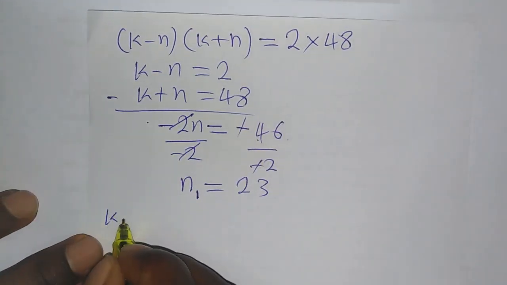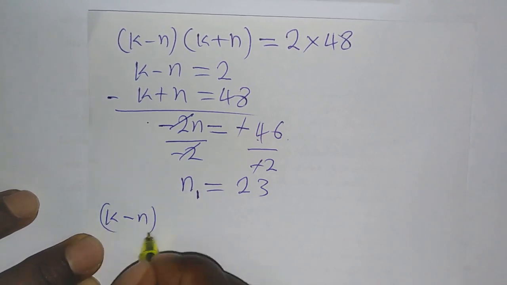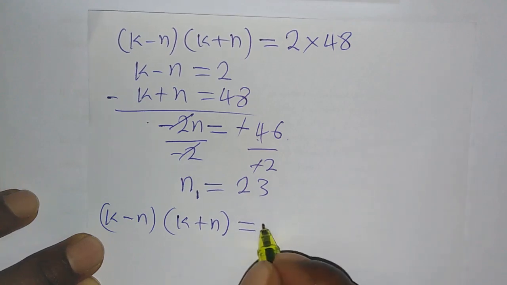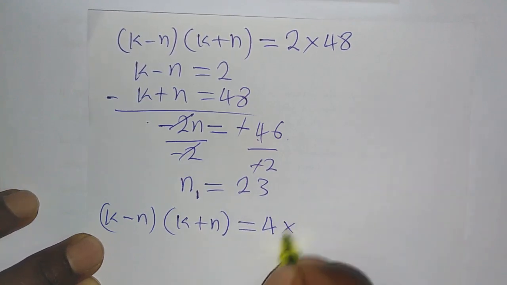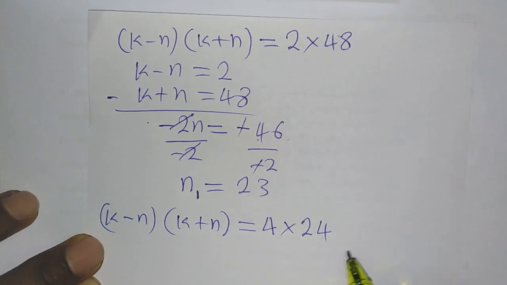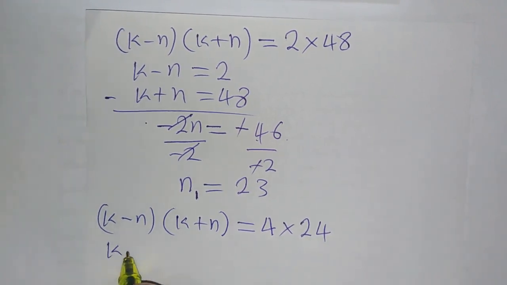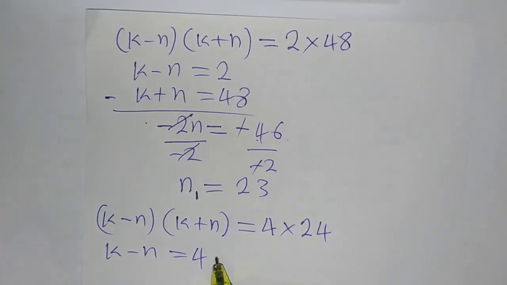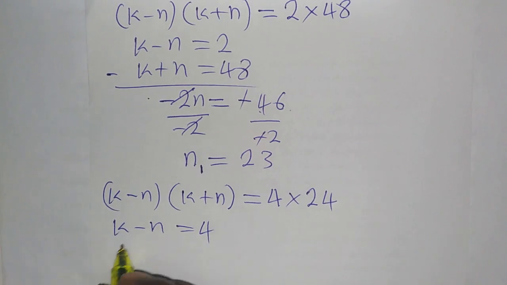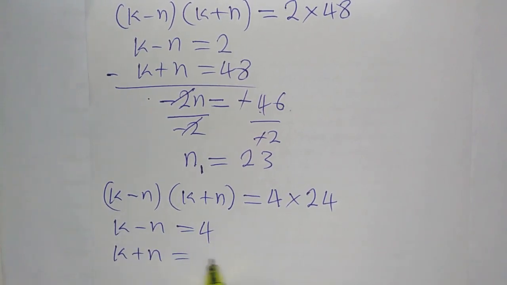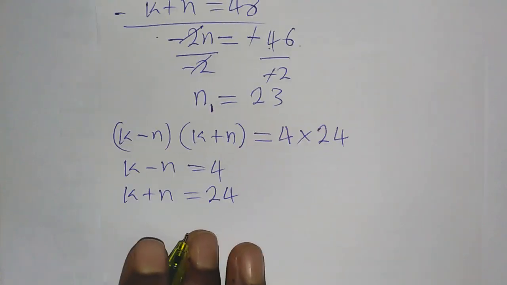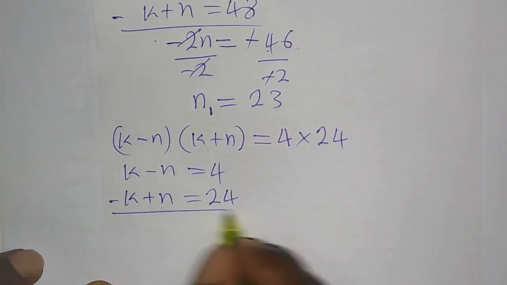We have k minus n into k plus n equal to 4 multiplied by 24. Now we let k minus n be equal to 4 and k plus n be equal to 24. We got another simultaneous equation. We can subtract the two equations.